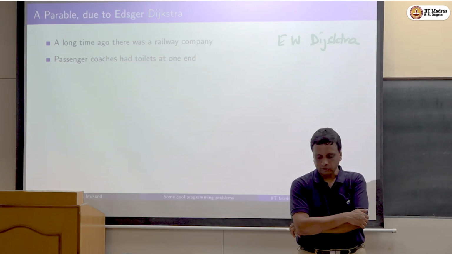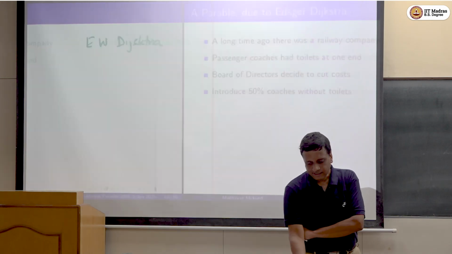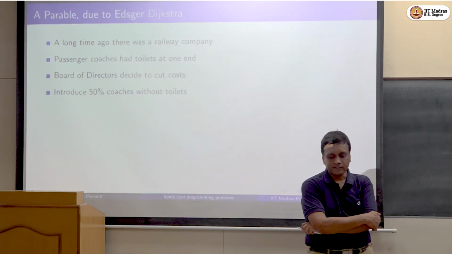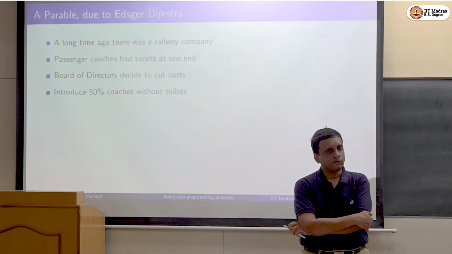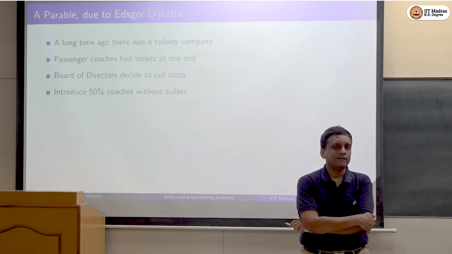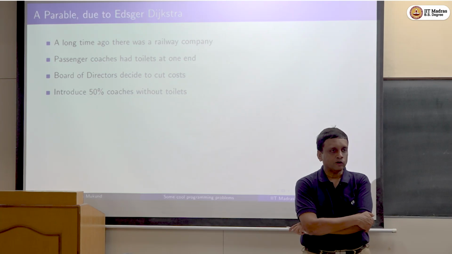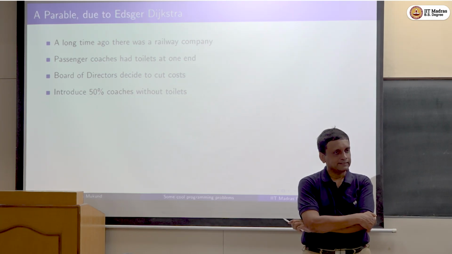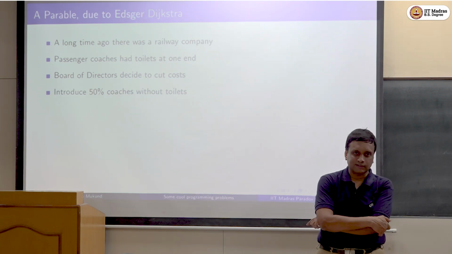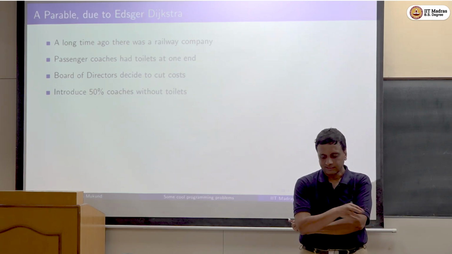So, as companies are prone to do, they wanted to cut costs. So they said, surely even one end is more than enough. Why don't we just put toilets in alternate coaches? So they said, we will make 50% of the coaches without toilet at all. Right?